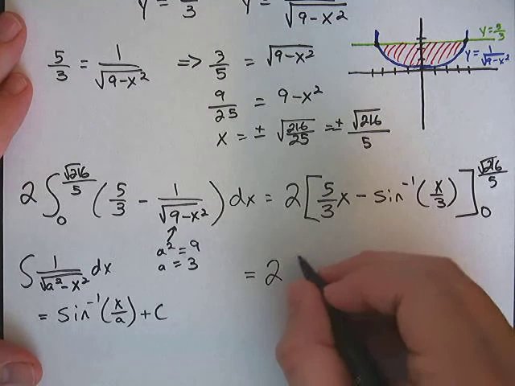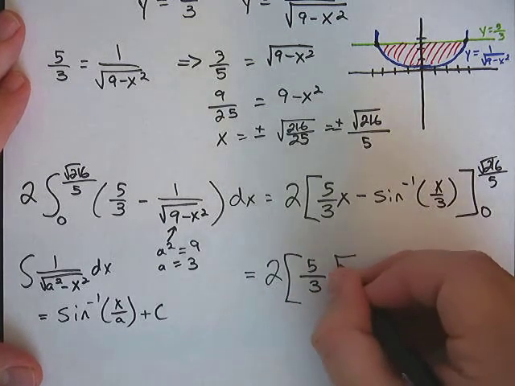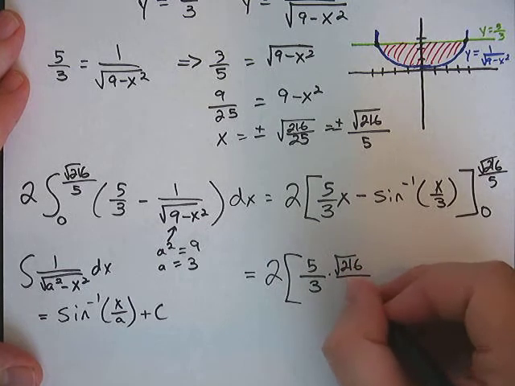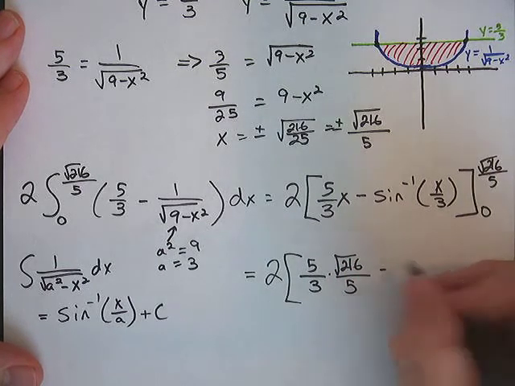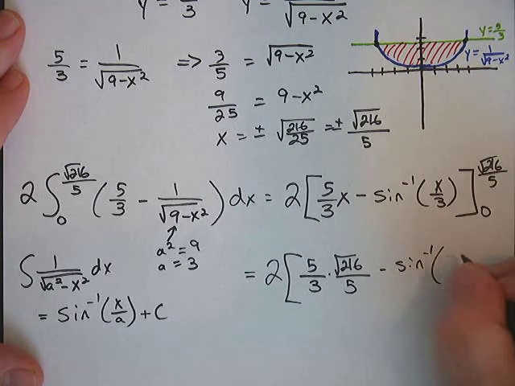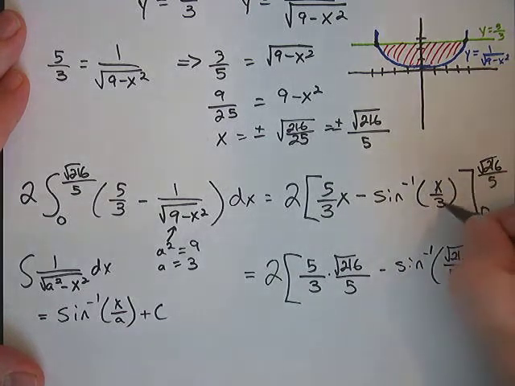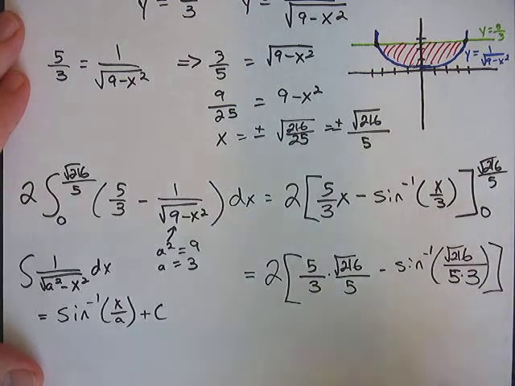So 2 out front, 5 over 3 times the square root of 216 over 5, minus sine inverse of the square root of 216 over 5, and there's already an over 3 there, so over 5 times 3. Both of these are going to have the denominator of 15.